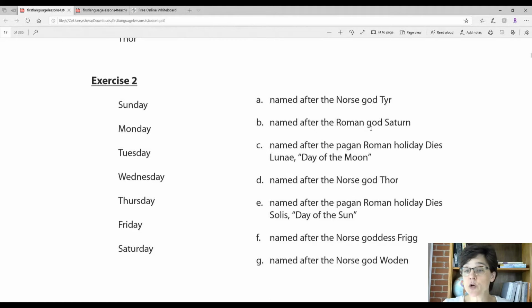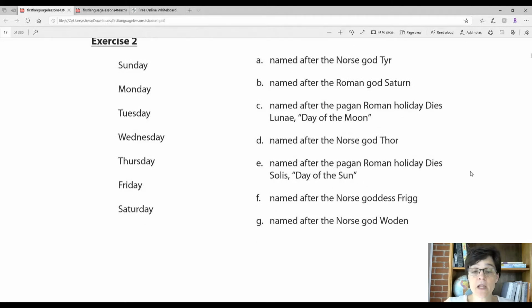B, named after the Roman god Saturn. C, named after the pagan Roman holiday Dies Lunae, day of the moon. D, named after the Norse god Thor.